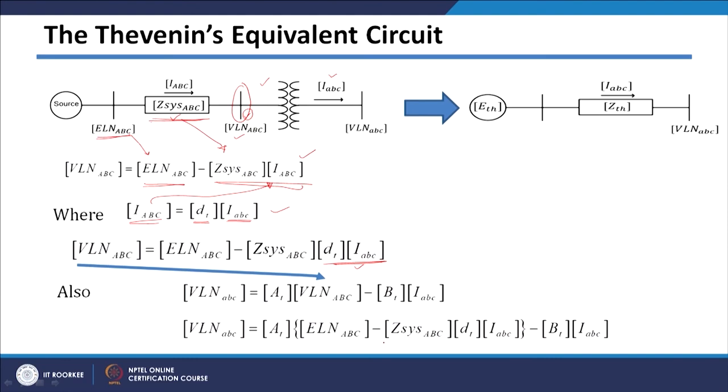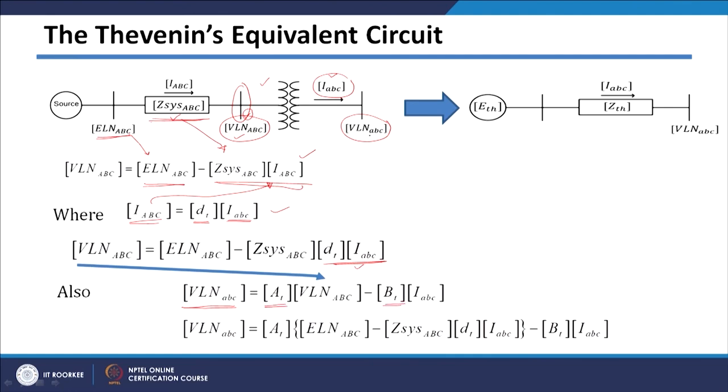Then the voltage relations: we know that the secondary side voltages of the transformer, that is VLN ABC, can be written in terms of primary voltages and secondary current, and we have seen that for that particular case we need to use the capital AT and capital BT matrices.